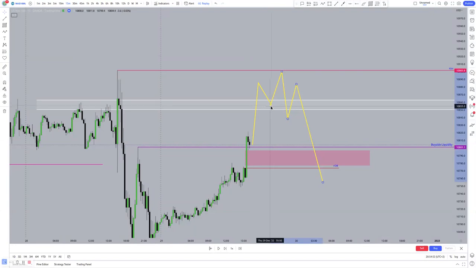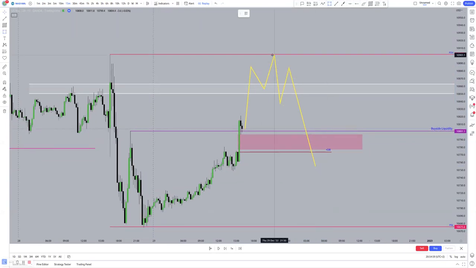However, if price intends to take out this liquidity, then there will be no need for price to print this type of a structure to sell. But if you take it, there is a high probability that you can sell and price goes your favor. But if it doesn't print this, then price has an intention to take out this liquidity.